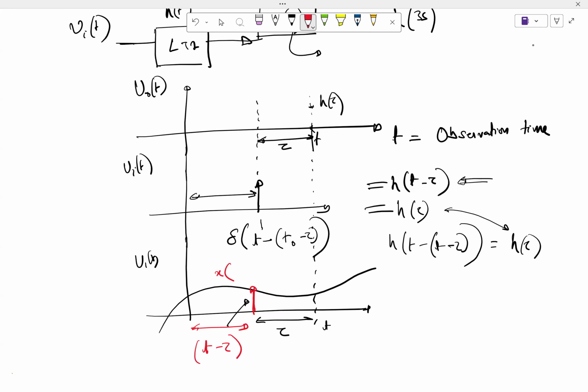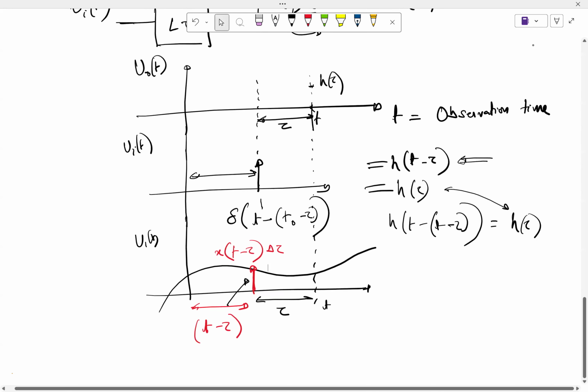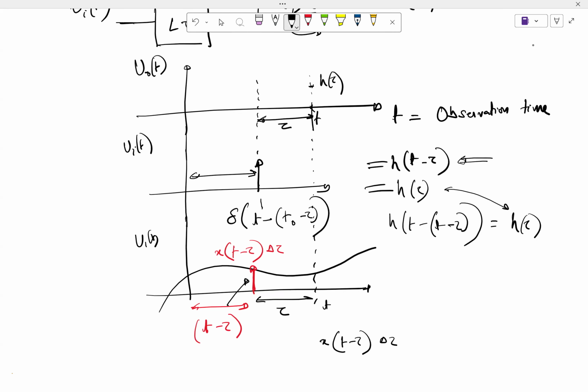So this is x of t minus tau, and I have to multiply with the sliver, that is d tau. This is the strength of the impulse. What will be the effect of this impulse at the output? That strength will still be there as is, but it will be multiplied by the impulse response. What will be that value? h of tau. Very good.